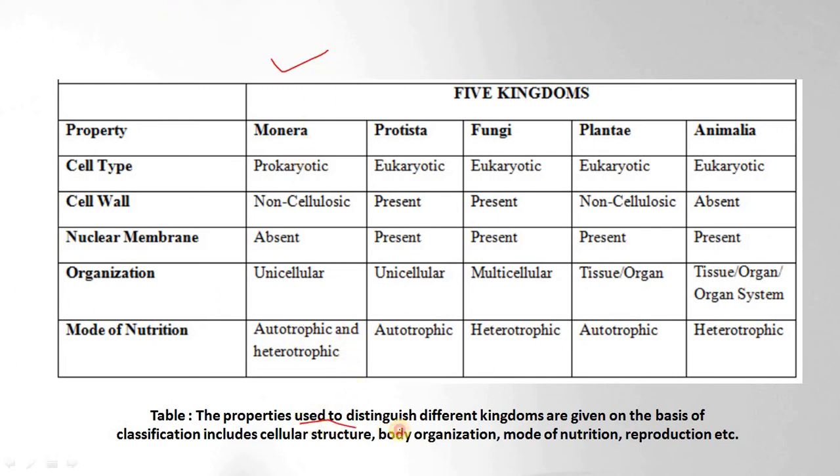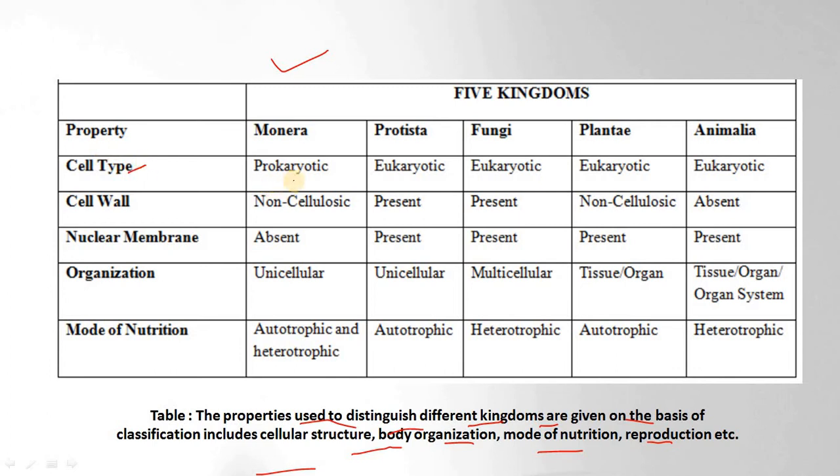The properties used to distinguish different kingdoms, on the basis of classification, include cellular structure, body organization, mode of nutrition, and also reproduction. The properties are as follows.